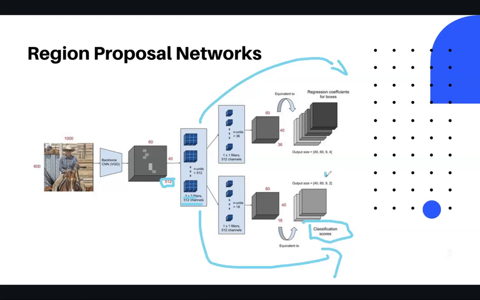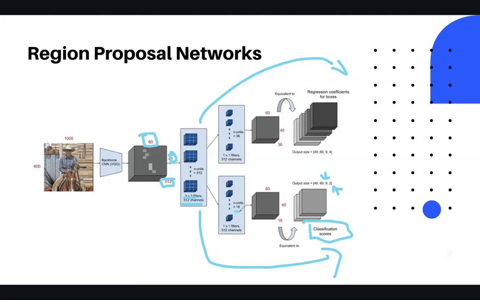And this is why you have 9 by 2. The 2 is binary classification, yes, no. 9, as we said, is the number of anchors. 60 and 40 are the actual sizes of the convolutional feature maps.